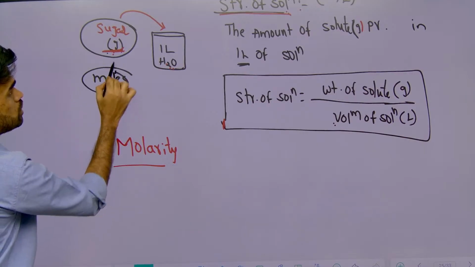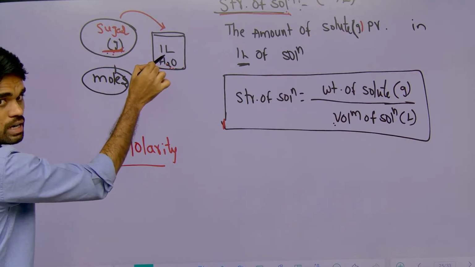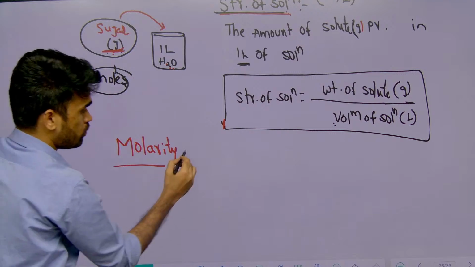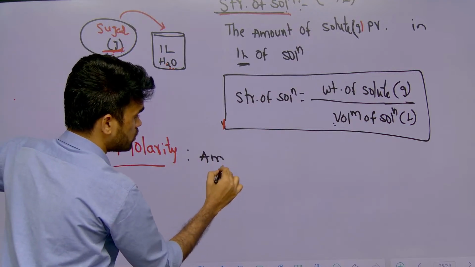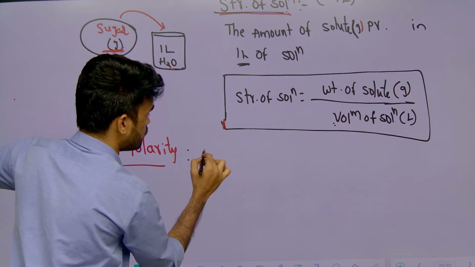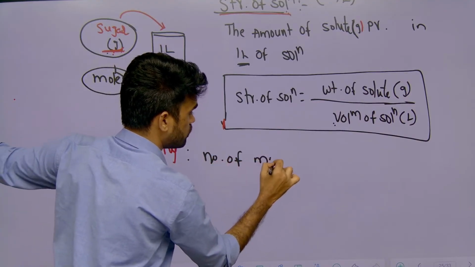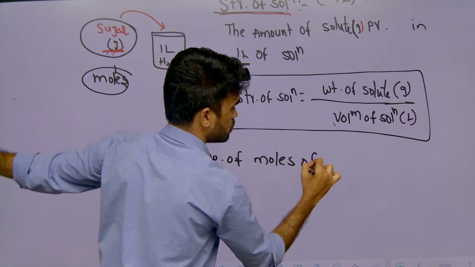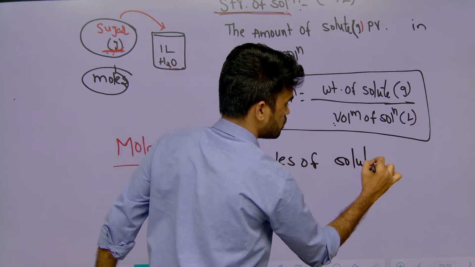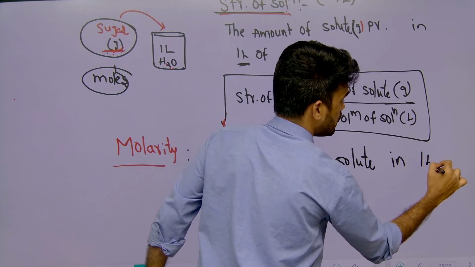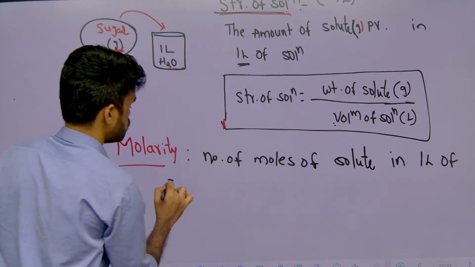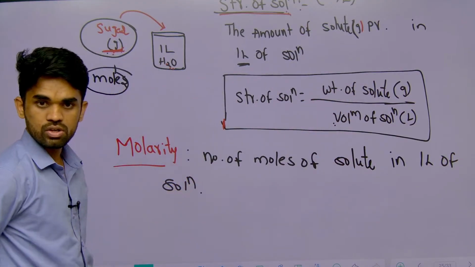Number of moles of solute present in 1 liter of solution. So what is the definition? Amount or number of moles of solute in 1 liter of solution.